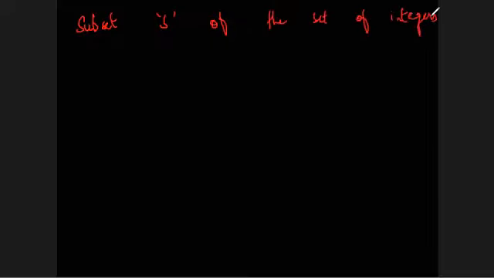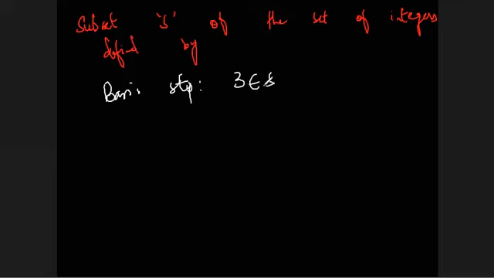Consider the subset S of the set of integers defined by: for the basis step, 3 belongs to S. So the element 3 belongs to your set S. What about the recursive step?